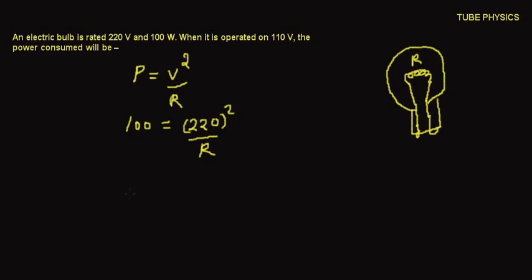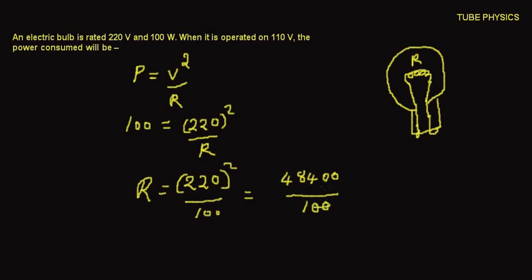So here this resistance R of the bulb will be equal to 220 square divided by 100, that is equal to, 220 square will be 48400, divided by 100.